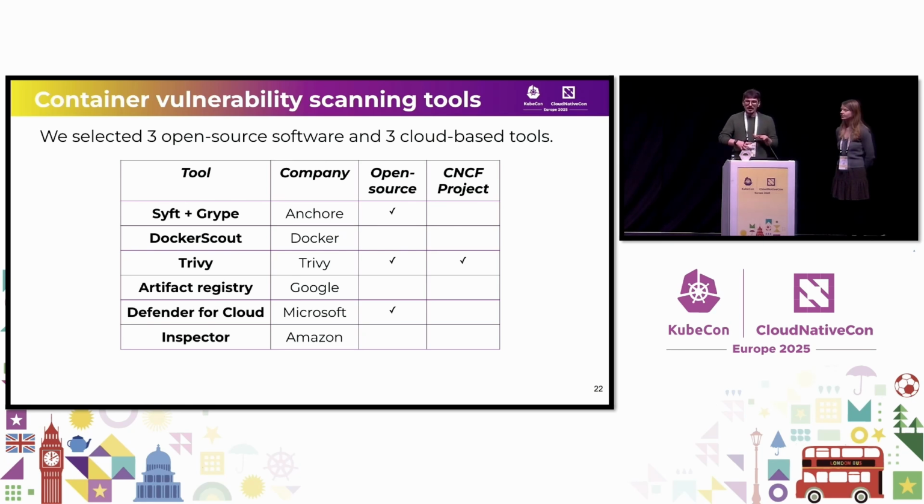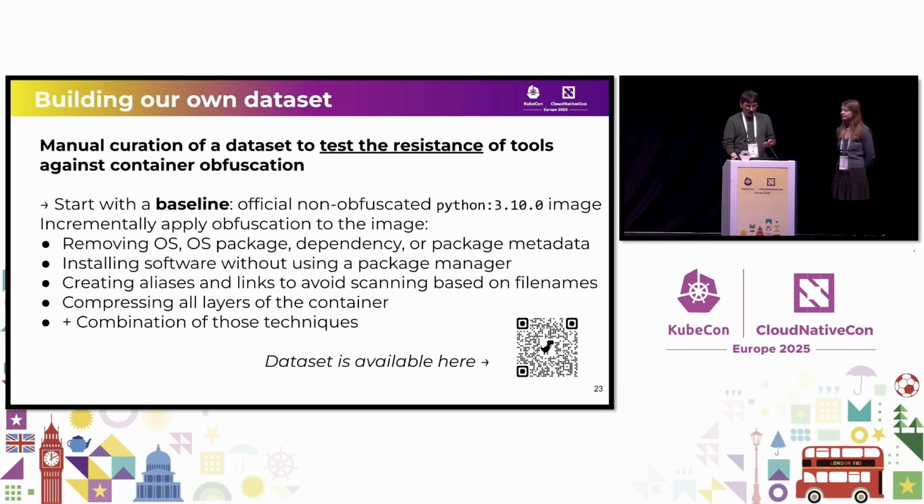Okay, now we have tools, and we have techniques. How do we test them? We need to generate a data set of images that are increasingly obfuscated. So we curated a data set to test the resilience of tools to obfuscation, and you can find it here.